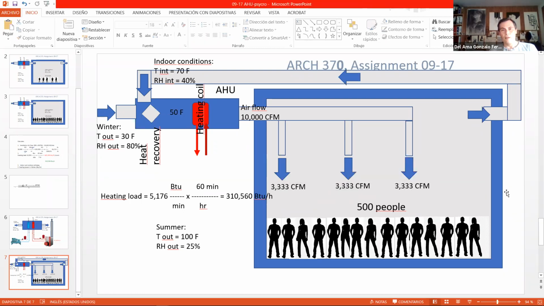Okay. Why do we do this? Because it's better. If we had only one diffuser here, it would be very difficult that all these people are feeling the same temperature, the same airflow, the same air speed. But if we distribute evenly the diffusers through the room, the comfort conditions would be better.